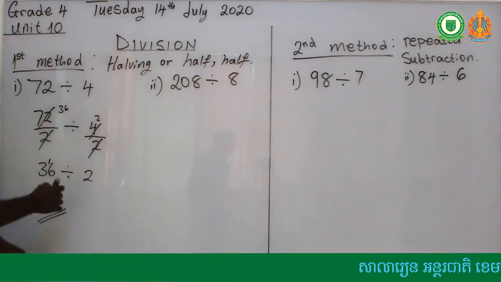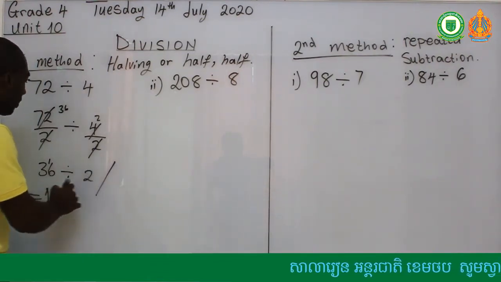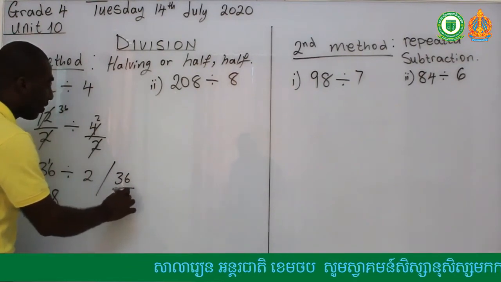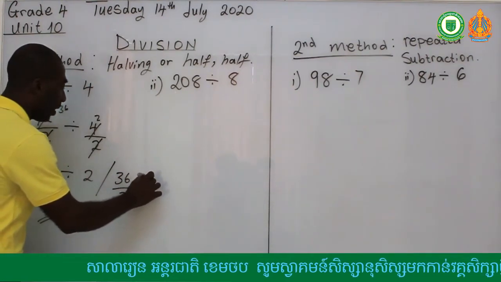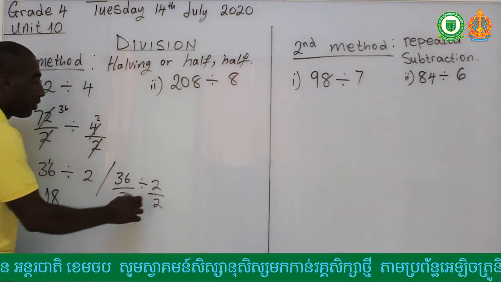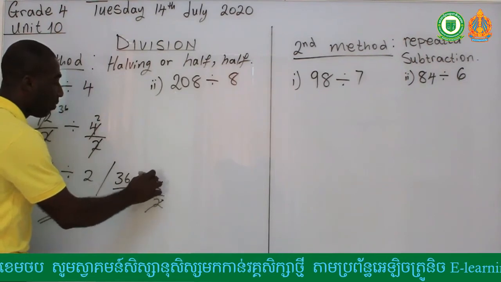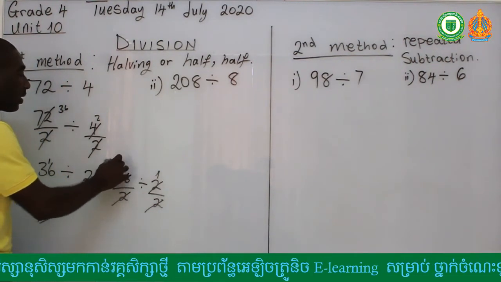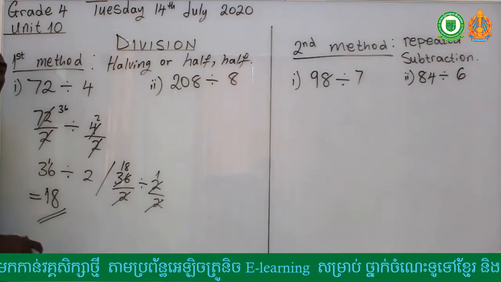So if we are to write this in a different way, it's going to be 36 divided by 2, and then 2 divided by 2. Okay? So this 2 will cancel this 2, which means we will have 1 here, and then this 2 will cancel this 36, and then we have 18 here.